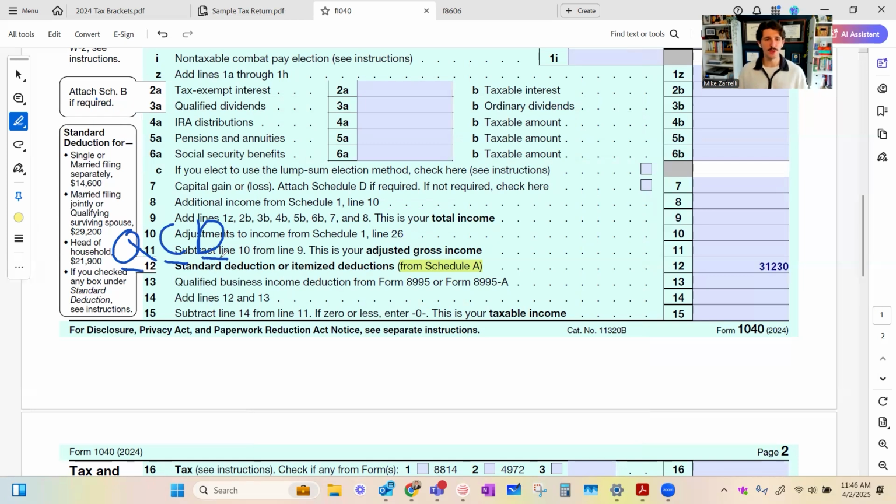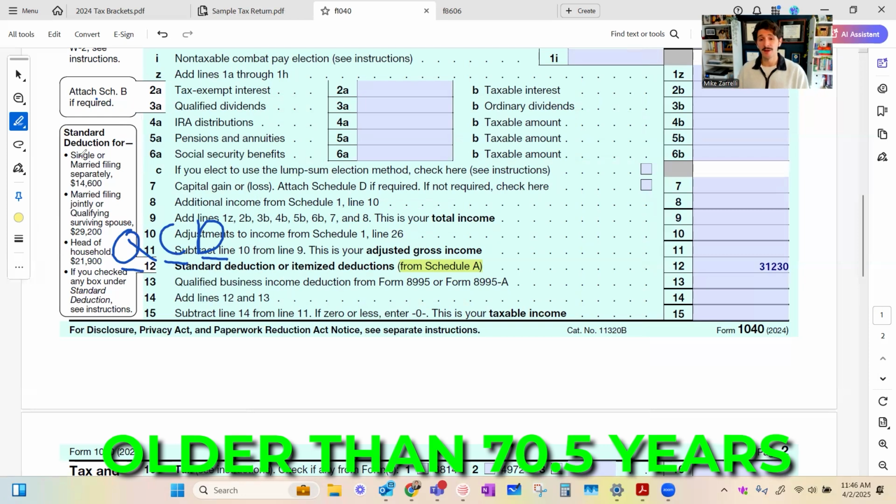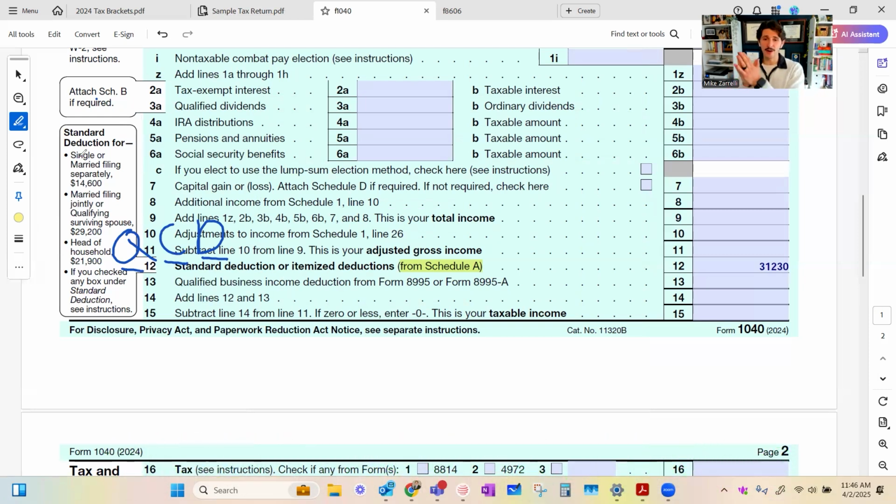This is a distribution that comes from your IRA. Now you have to be older than 70.5 to do this, but it's a distribution that comes directly out of your IRA and is not taxable because it's a check being made out to a charitable entity, a 501c3 entity. So this is going to show up on line 4A, IRA distributions.